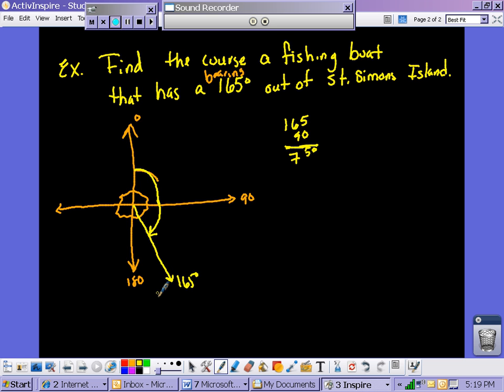Okay, let's look at another one. Find the bearing, and this is going to be approximate, there's no way you're going to be able to know exactly.